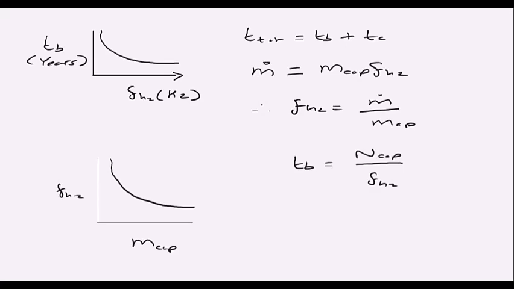So looking at our top graph, we can see that for large pulse frequency the burn time will be reduced, and for lower pulse frequency the burn time will be elongated. And similarly for the bottom graph, if we have a large capsule mass, the pulse frequency will be less, and if we have a small capsule mass, the pulse frequency will be higher.